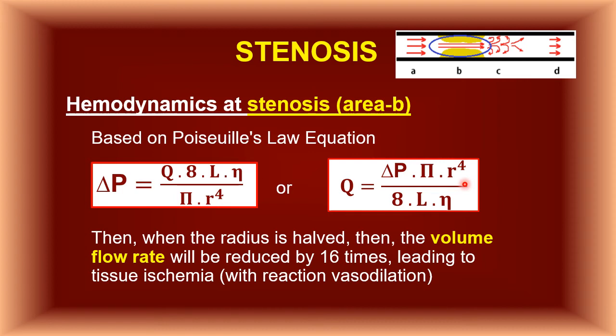In a significant stenosis, when the radius of the artery is halved, which is a 50% diameter reduction, what will happen to Q, the amount of blood that can be provided by this vessel? It will be reduced down to 1 over 16 of its original flow before the stenosis.